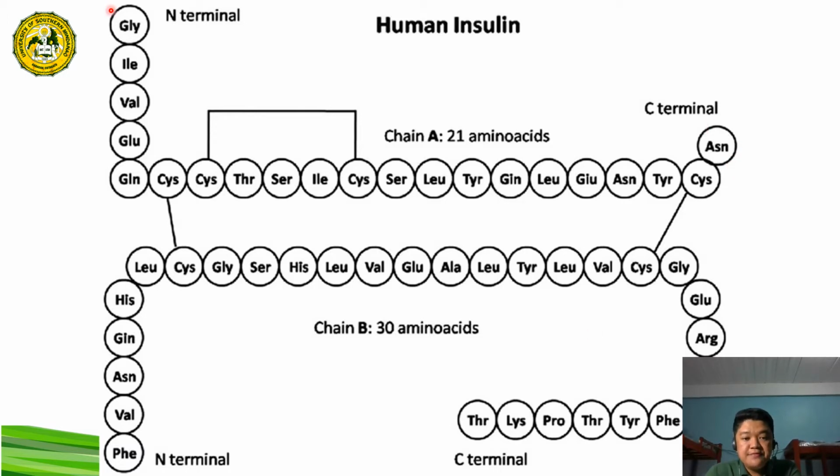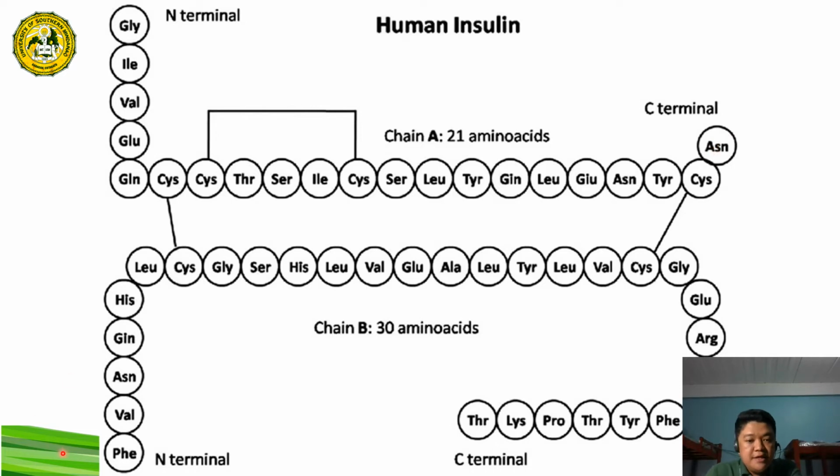These are usually fixed amino acids for different animal species. So for example, in human insulin, the N terminus of the A chain is the glycine residue, while its C terminus is the asparagine amino acid.